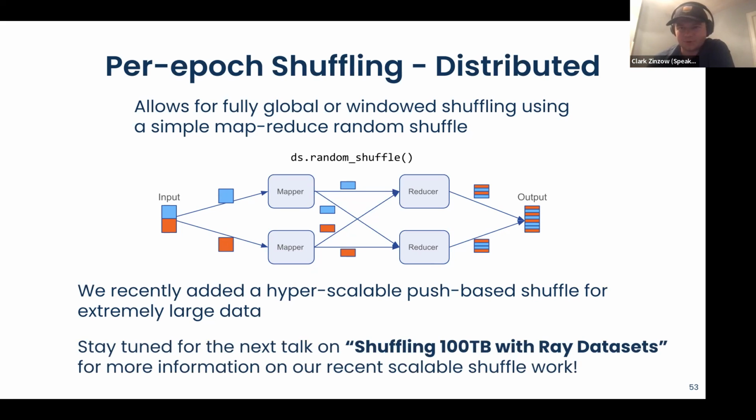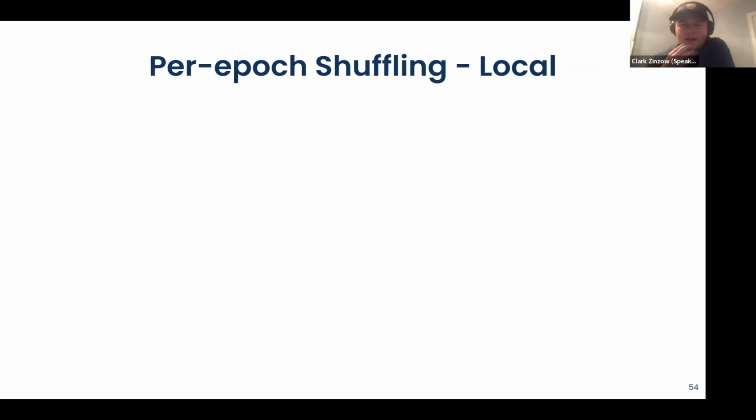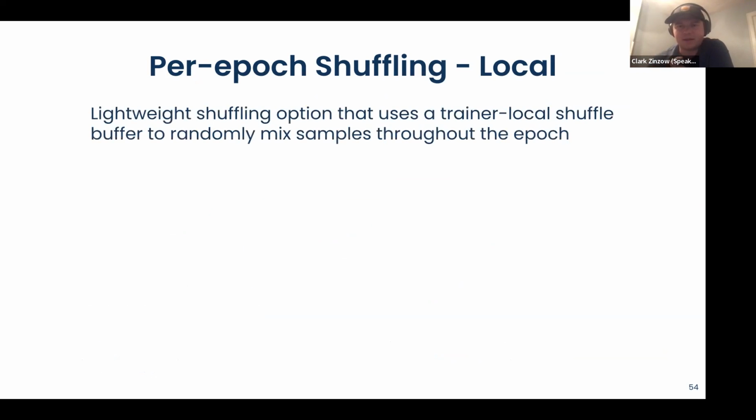It's super, super cool. In addition to the distributed shuffling option, we also have a local shuffling option. And this is a little bit more traditional. On each trainer, you have a little local shuffling buffer, a little local buffer where you can fill in some data, and then you randomly pop off shuffled batches from this buffer.